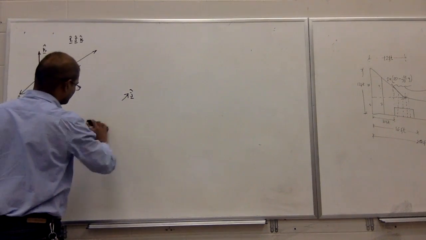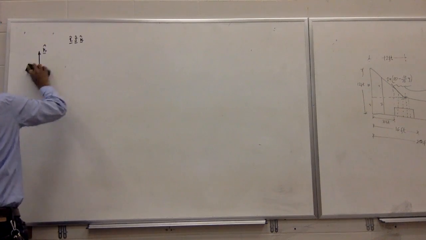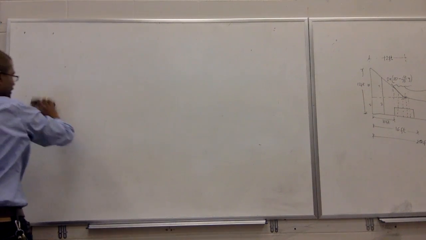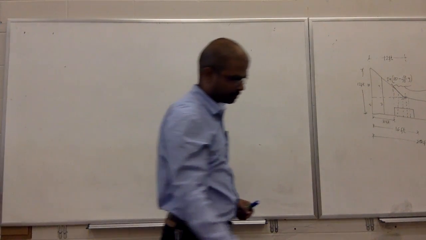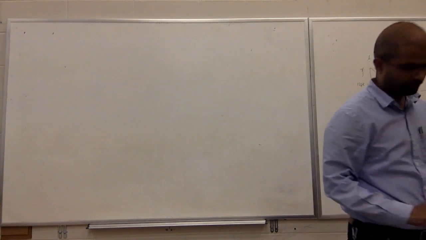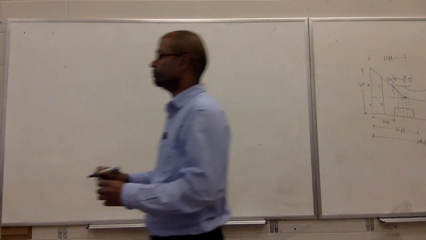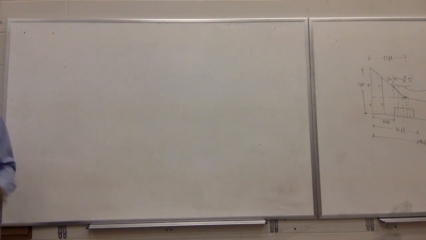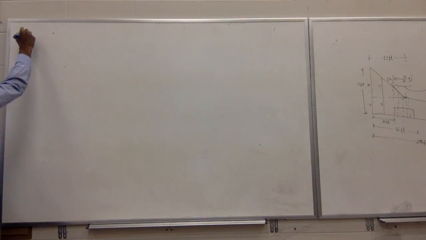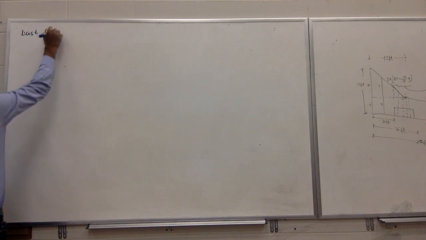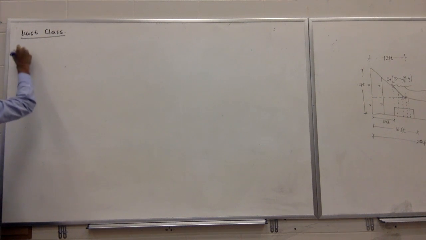So now, what is that IJK frame there, or XYZ? What coordinate frame is that called? Inertial frame. What inertial frame? See, you have to keep up with the notes.